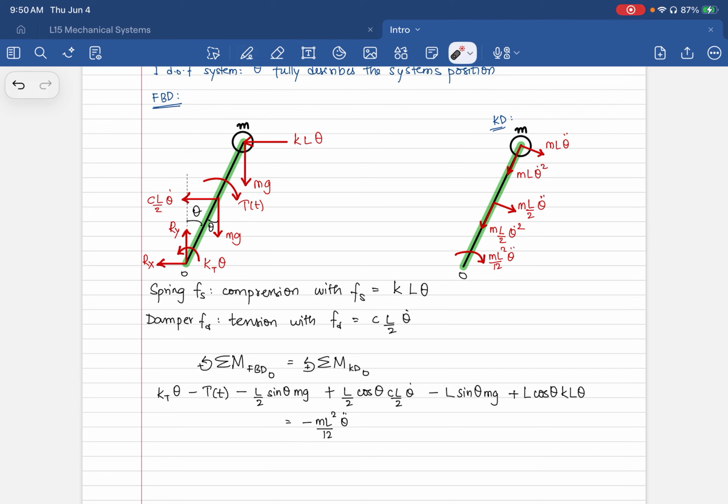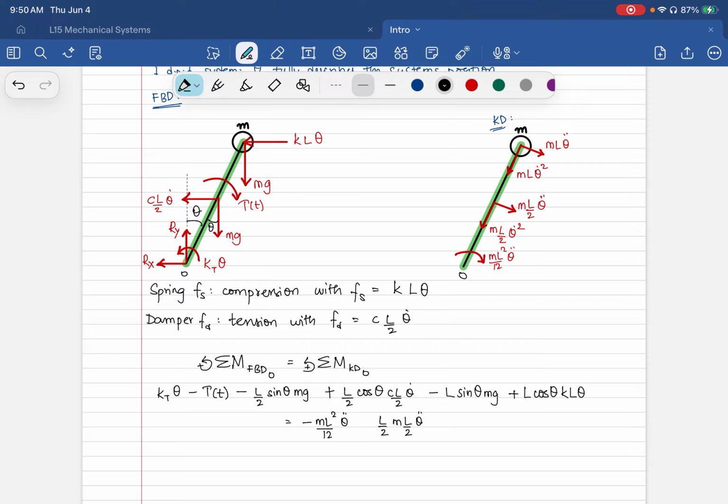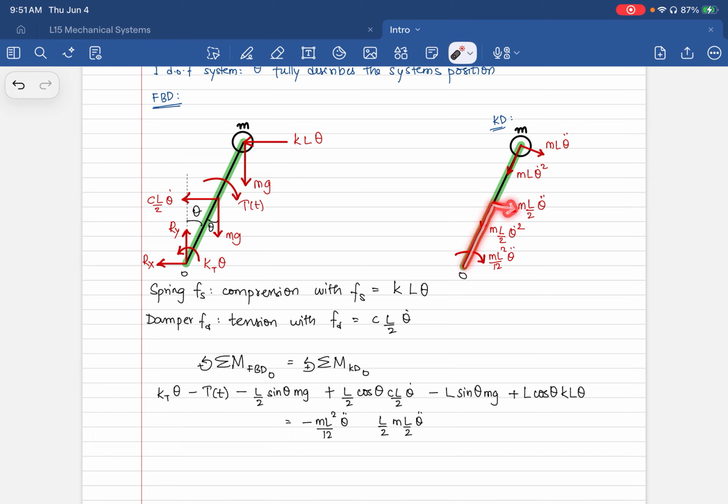There are no other moments, so now we have to look at the forces. This force here has zero moment arm length because it is collinear. There's no perpendicular distance to this force here or this force here. So then we have to account for this one, which is at a distance of L by 2 away. So it's L by 2 times m L by 2 theta double dot, which means there's R cross F. That's what we did just now.